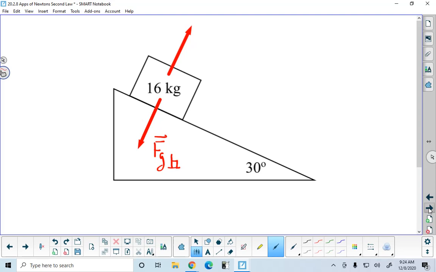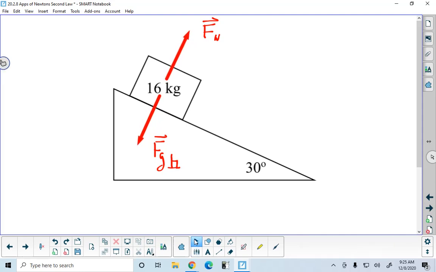We also have a normal force. And if we ever want to know the normal force, and we will sometimes, we don't have a formula for the normal force, but the normal force is equal in magnitude to the force due to gravity. And I'm just going to put that up here as a reminder to us.